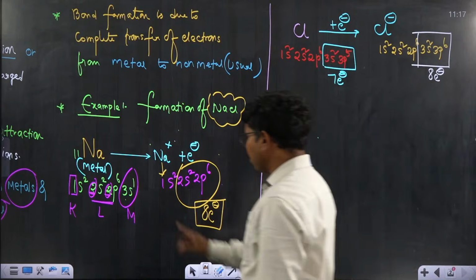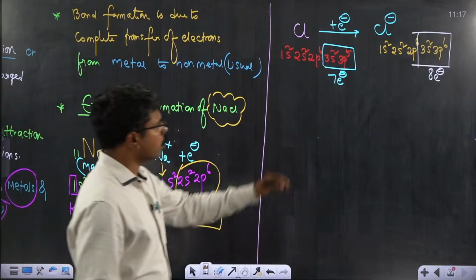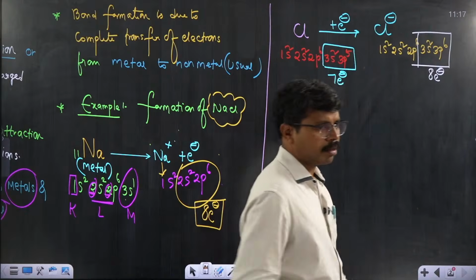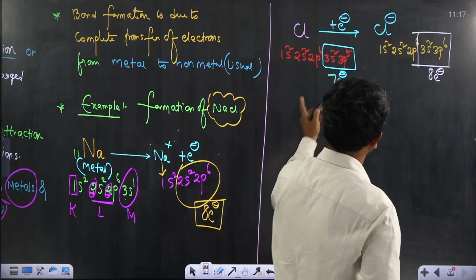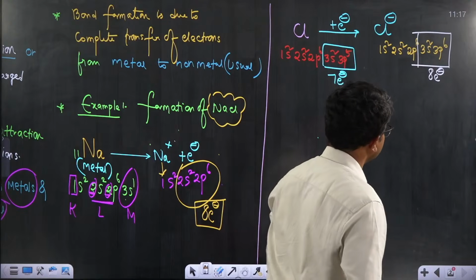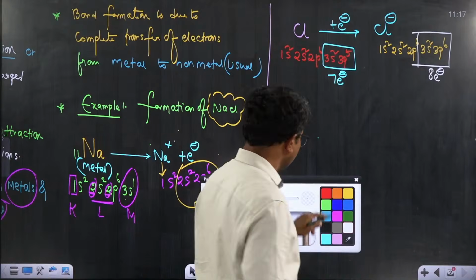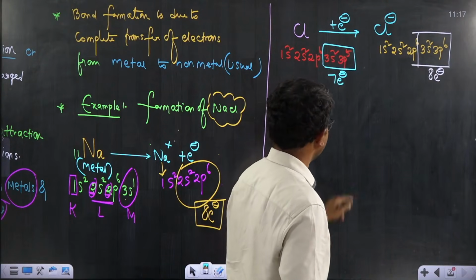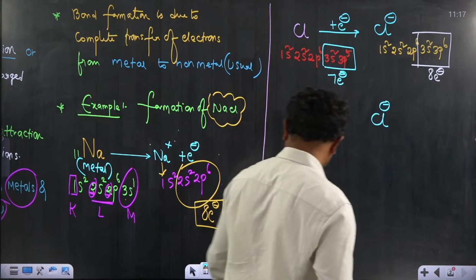Sodium achieves its octet by loss of an electron. Chlorine achieves its octet by gain of an electron. Now we are ready with Na plus and we are also ready with Cl minus.